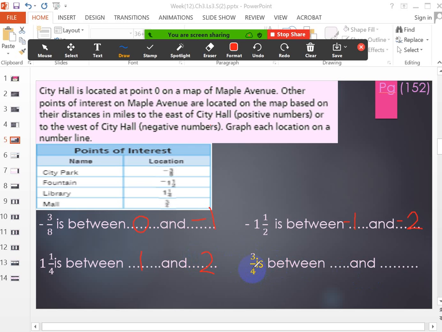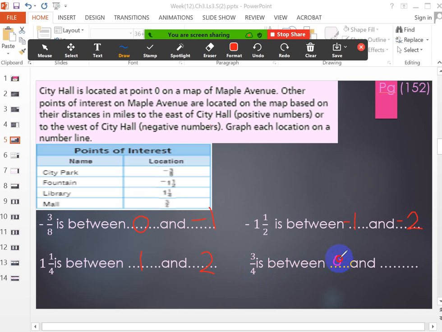And 3 over 4, the same strategy as when we talked about 3 over 8. This number is a positive rational number, that means 3 over 4 is a fraction more than 0.